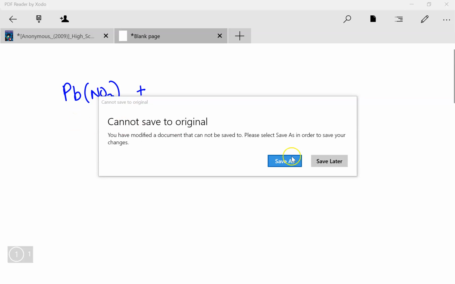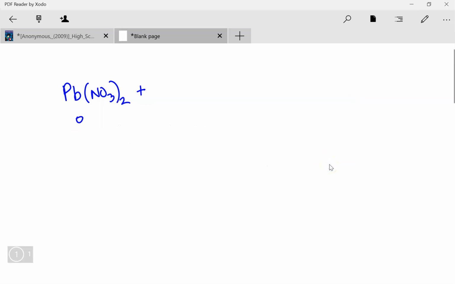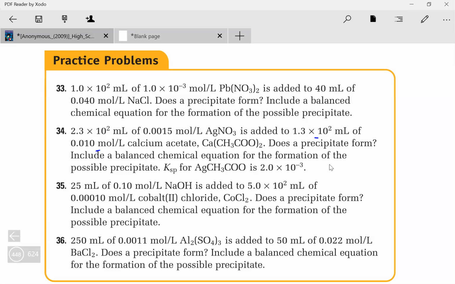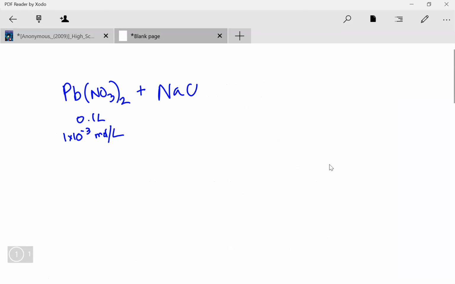So this was 100 milliliters or 0.1 liters, and 1 times 10 to the power negative 3 moles per liter. Sodium chloride 40 milliliters is equal to 0.04 liters and 0.04 molar concentration as well.